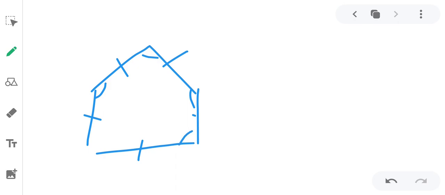So the measure of all the angles is the same. We know that the sum of the interior angles of any polygon, be it regular or non-regular, for a pentagon is 540 degrees. So can you find out the measure of one angle?